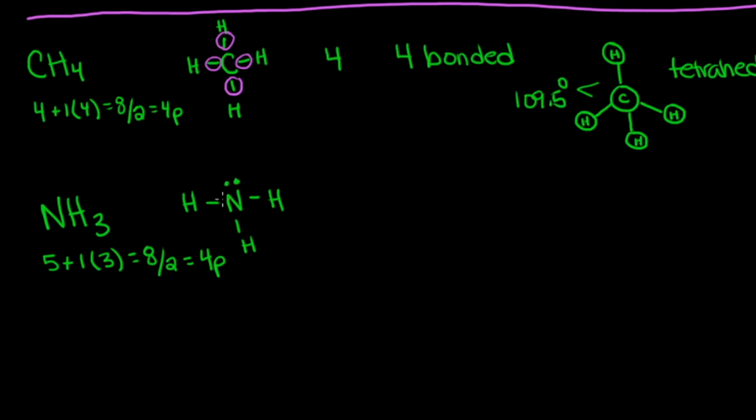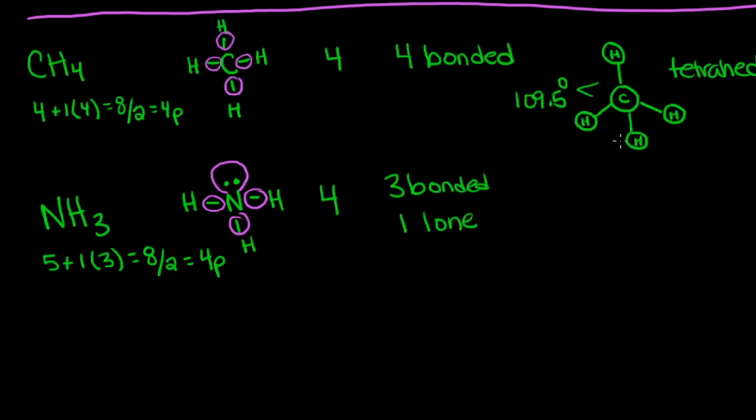So if we're looking up for domains, we've got 1, 2, 3 bonded domains. And remember, that lone pair is going to take up a little more space. So we're still in this 4-domain family. But this time, 3 of them are bonded and 1 of them is lone.